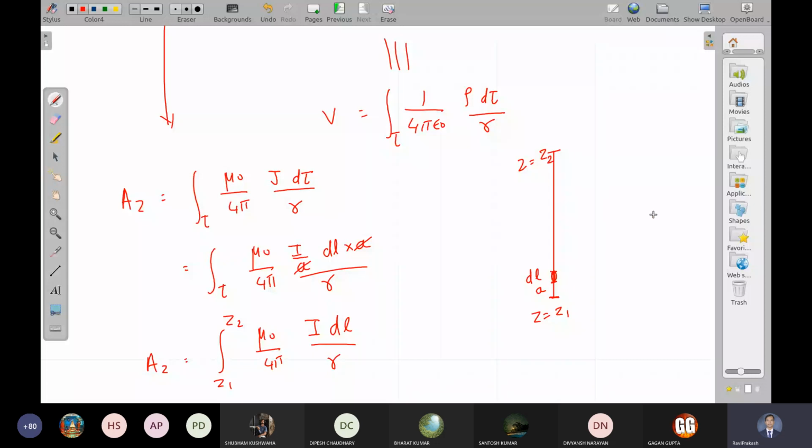Let us say I want to calculate the field at this point P. Take this small element, calculate this distance r. Let us say this distance is s, and this distance is z. So what is r? Z square plus s square. And dl actually is dz now. Instead of dl, I should use dz now.